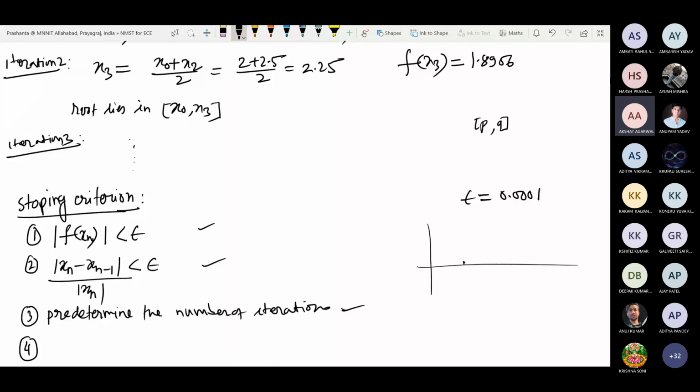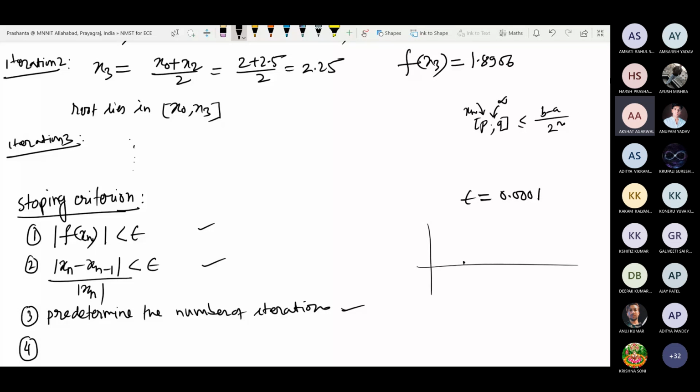The maximum length will be less than or equal to b minus a by 2 to the power n, if a comma b is the original interval. So in this interval the root alpha will be lying, and also the approximate value, which is given by xn.